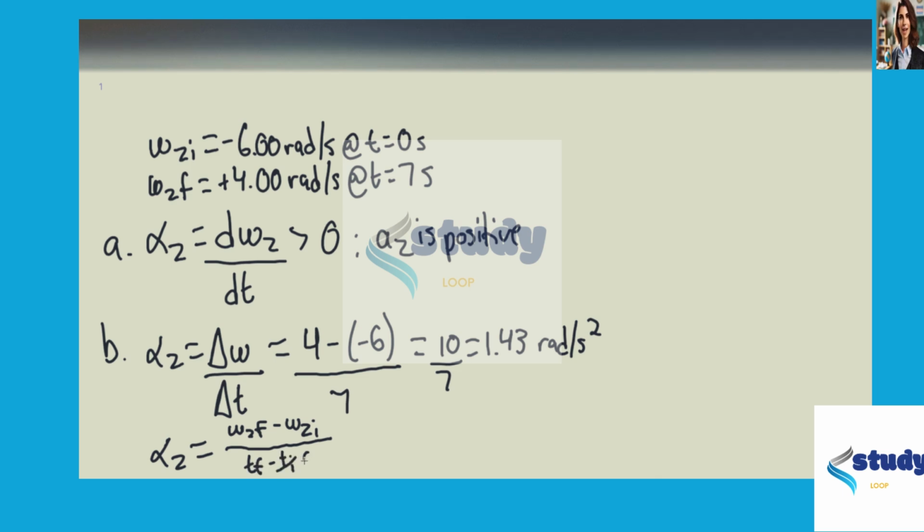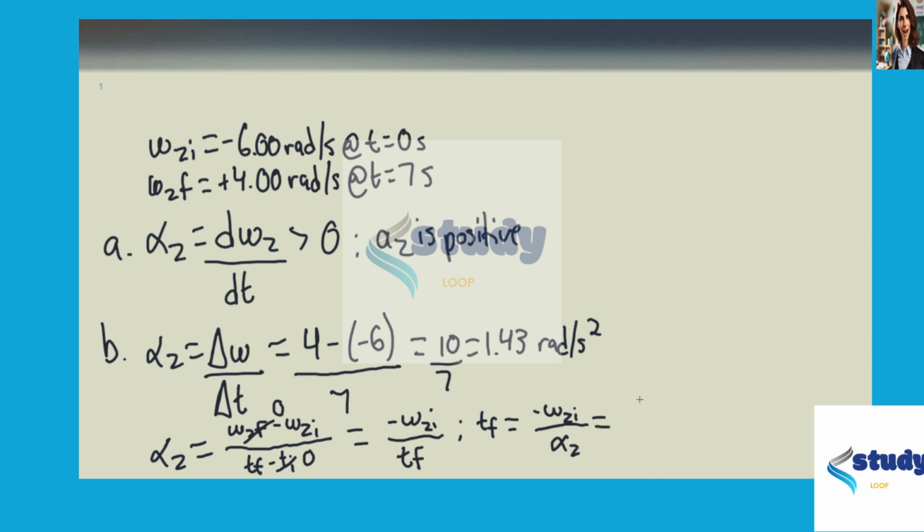We're going to say that t initial is 0, and we're trying to find when the angular velocity changes direction. So we'll say that the final angular velocity is also 0. And we're left with negative omega z initial over t final. And then we can simply solve. So t final would equal negative angular velocity initial all over alpha z.